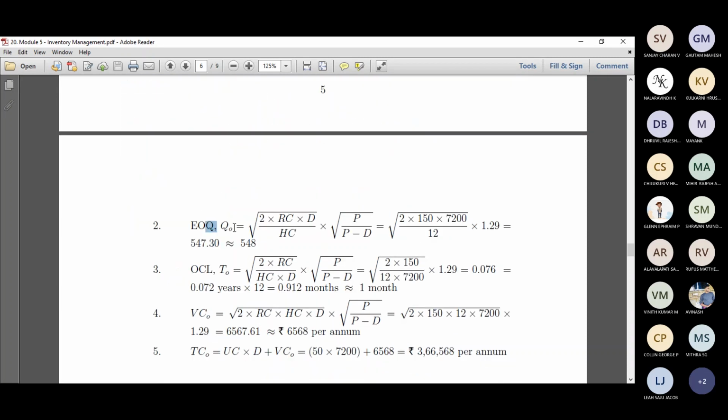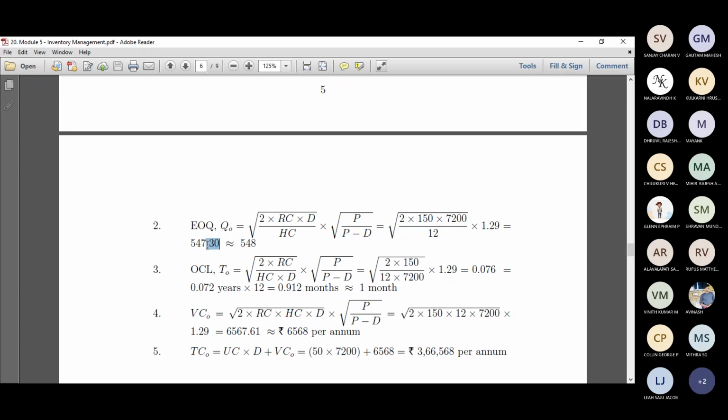So economic order quantity is root of 2 multiplied by order cost multiplied by demand divided by holding cost, into the factor 1.29. So which is nothing but 547.30, or approximately it is 548. Remember, it is 547.30. So we do not round down to 547. The reason is that it is not a simple number, but it's a stock, how much stock you require.